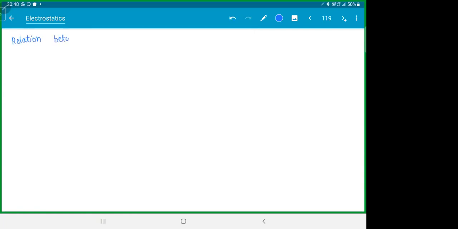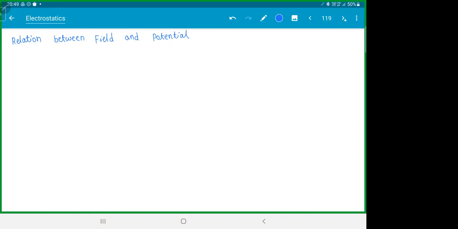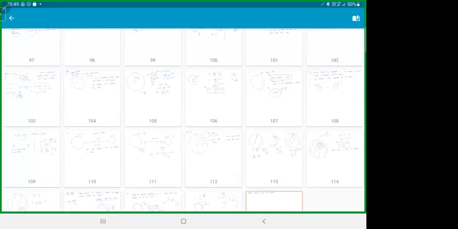Relation between field and potential. What is the last thing we did, Pavitra? Sir, last we have done is the field pressure, hollow sphere, solid sphere results, right? I think field inside a cavity?